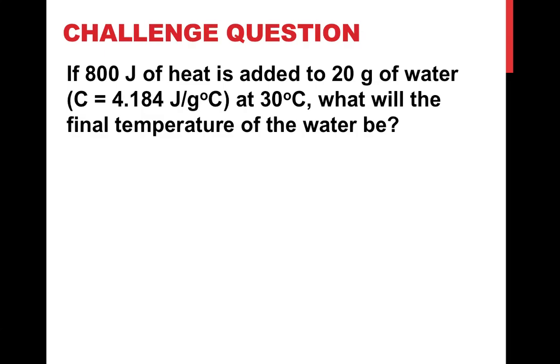I'm actually not going to work this question in this video, but if you sit down and think about it and then bring me the answer later on, you might get a surprise or some sort of prize for getting the challenge question right. So see if you can get it and then come tell me later what you think it is. Okay?